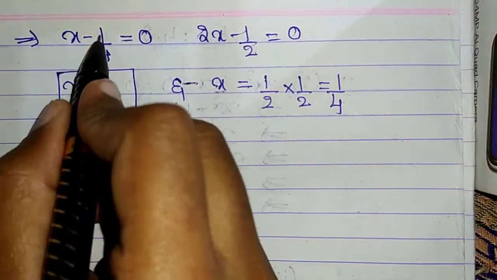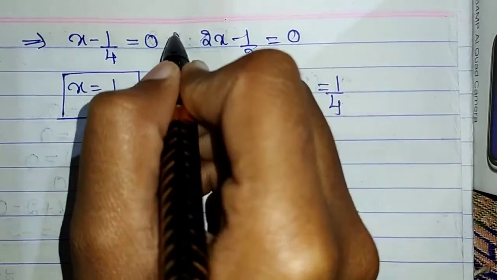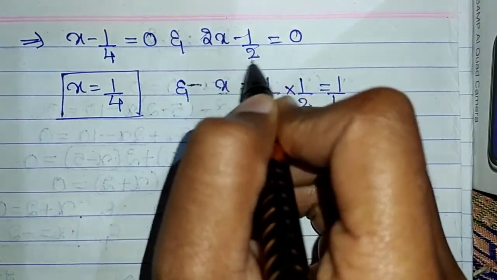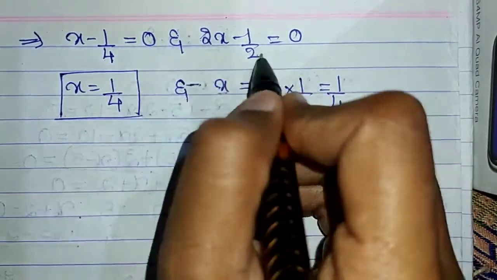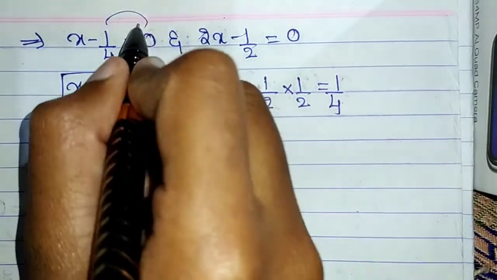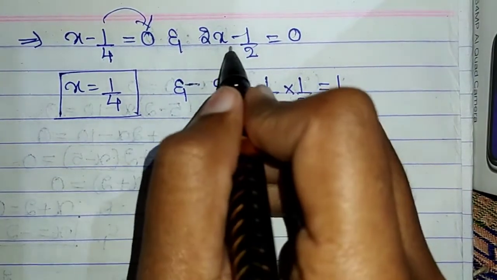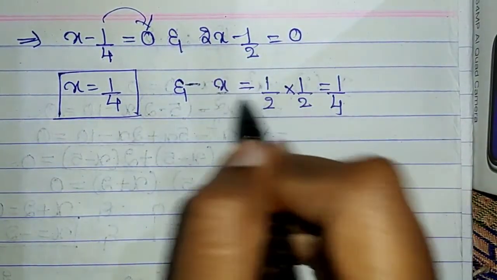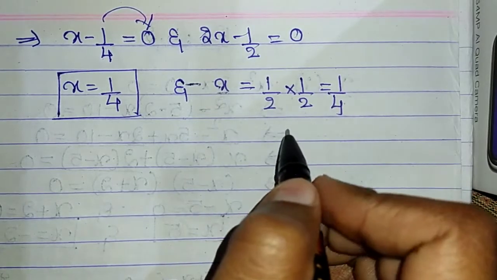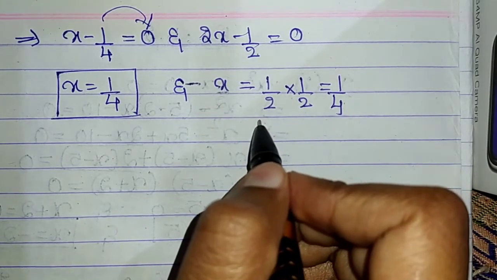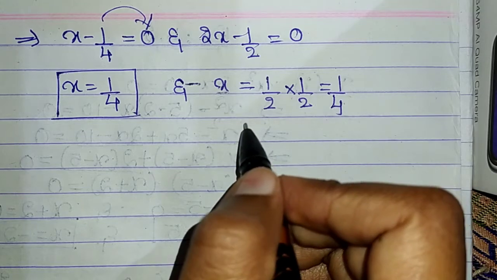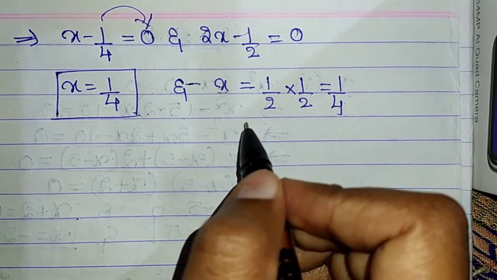So x minus 1 by 4 is equal to 0 and 2x minus 1 by 2 is equal to 0. Transposing, we get x equal to 1 by 4, and simplifying the other, we get x equal to 1 by 4 once again. So this equation in example 4 has real and equal roots.